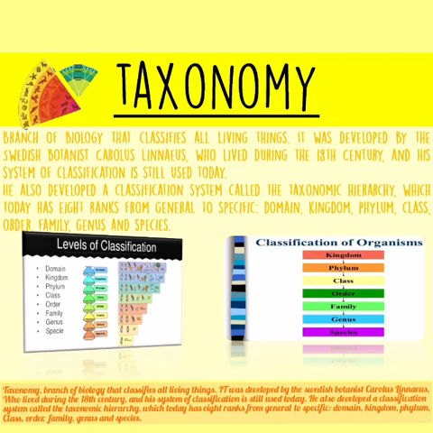He also developed a classification system called the taxonomic hierarchy, which today has 8 ranks from general to specific: domain, kingdom, phylum, class, order, family, genus, and species.